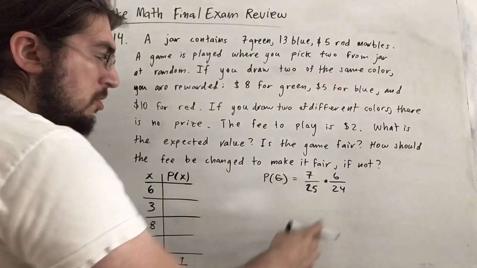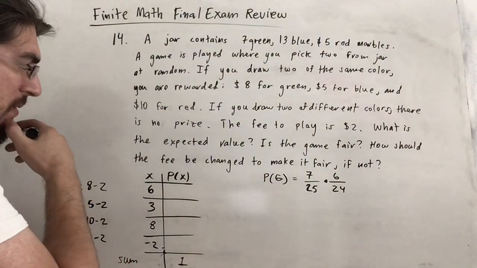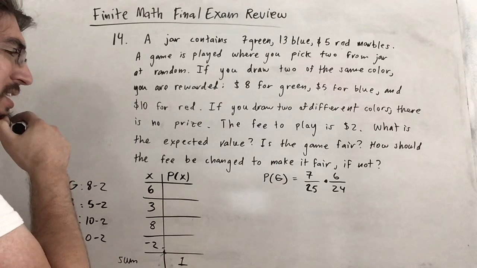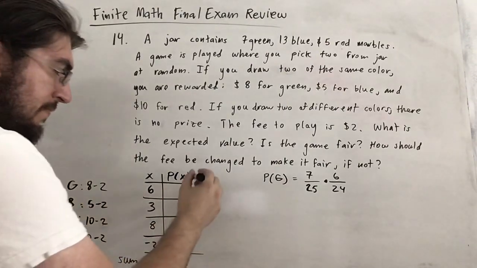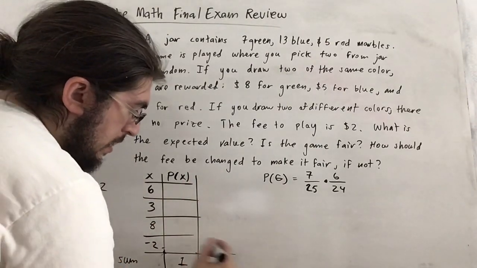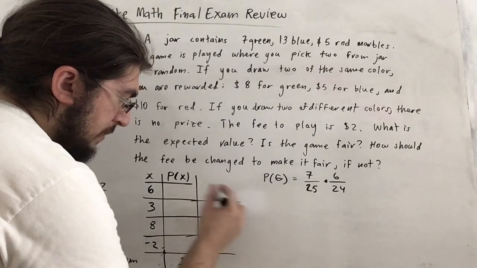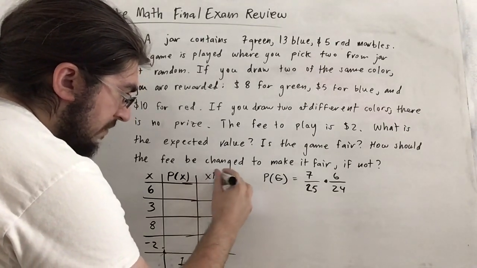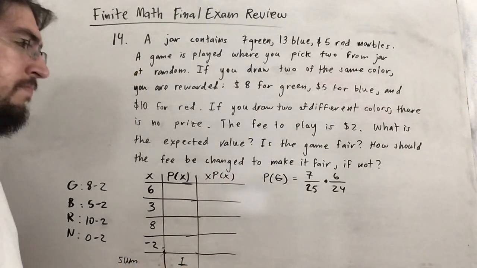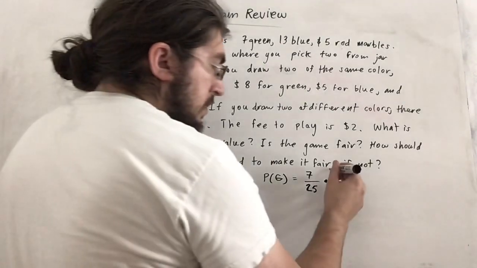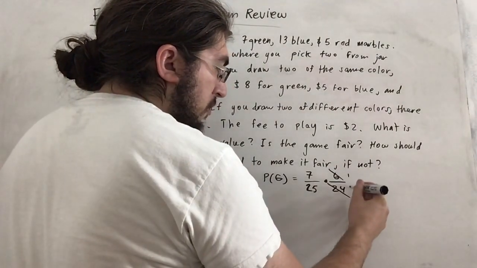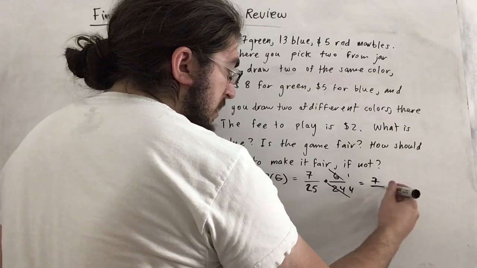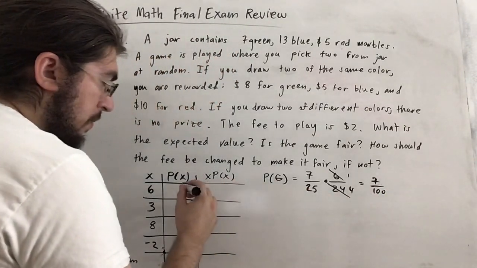Now, I don't know if we want to reduce this or not. Maybe we should just keep it in a common denominator. Of course, we're going to multiply these to find the expected value afterward. For right now, I will reduce it. So 6 goes into 24 4 times. So this is 7 over 100. So that's the probability for this one.